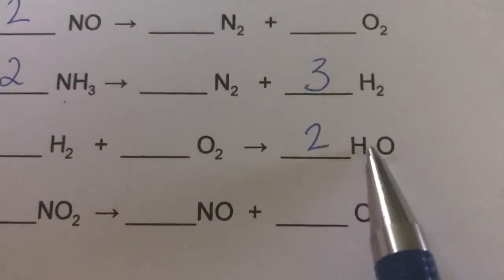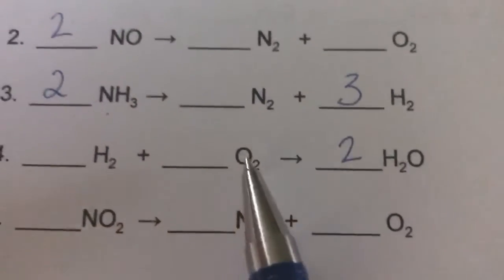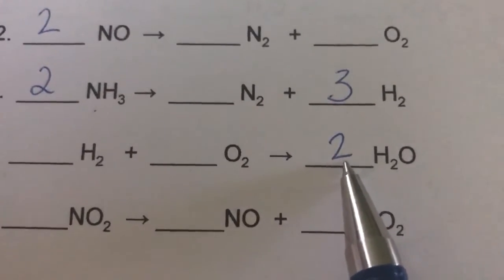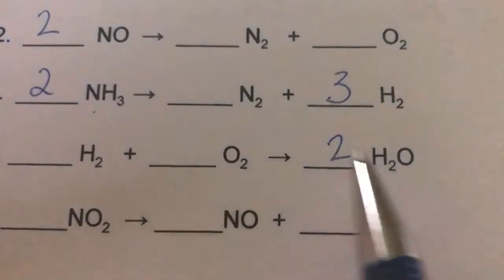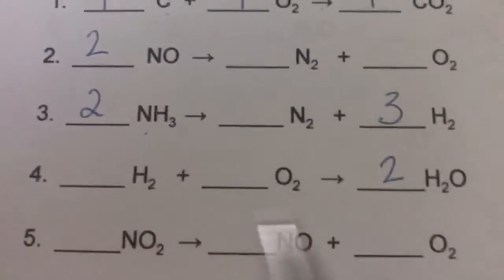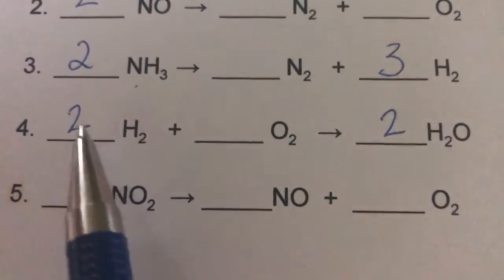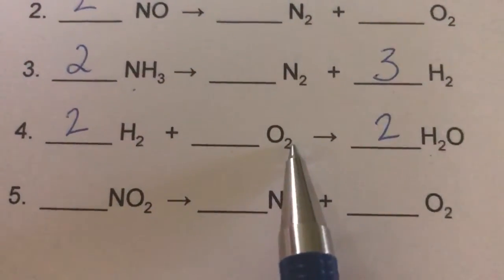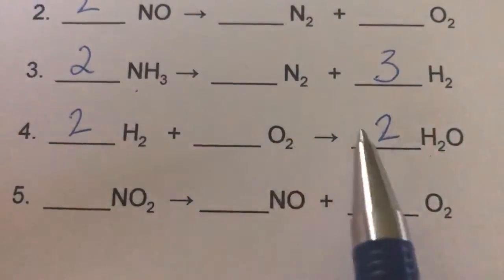That 2 distributes throughout. So now I see I have 2 oxygens for 2 oxygens. By putting the 2 in front as a coefficient, though, now I've doubled my number of hydrogens. 2 times 2 is 4. So on the reactant side, I must come over here and put in a coefficient of 2. So now I have 4 hydrogens, 2 oxygens, 2 oxygens, and my ratio is 2 to 1 to 2.